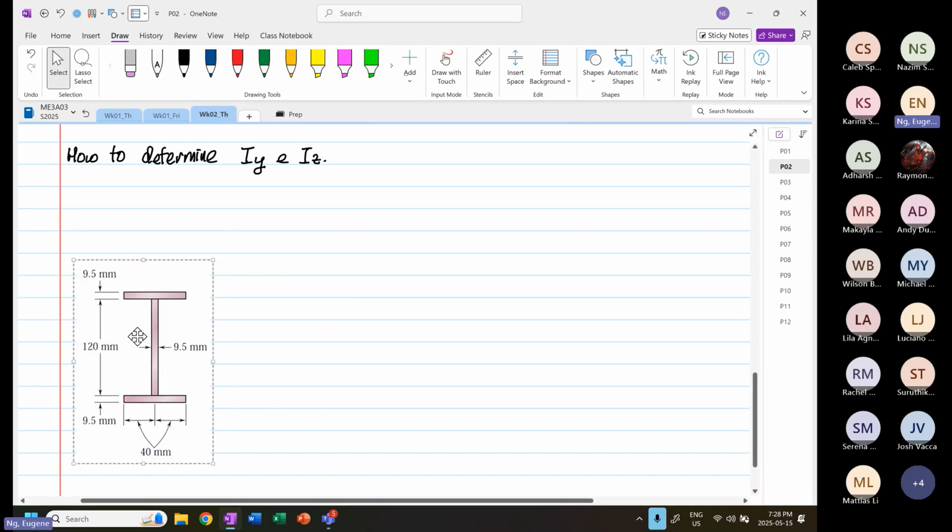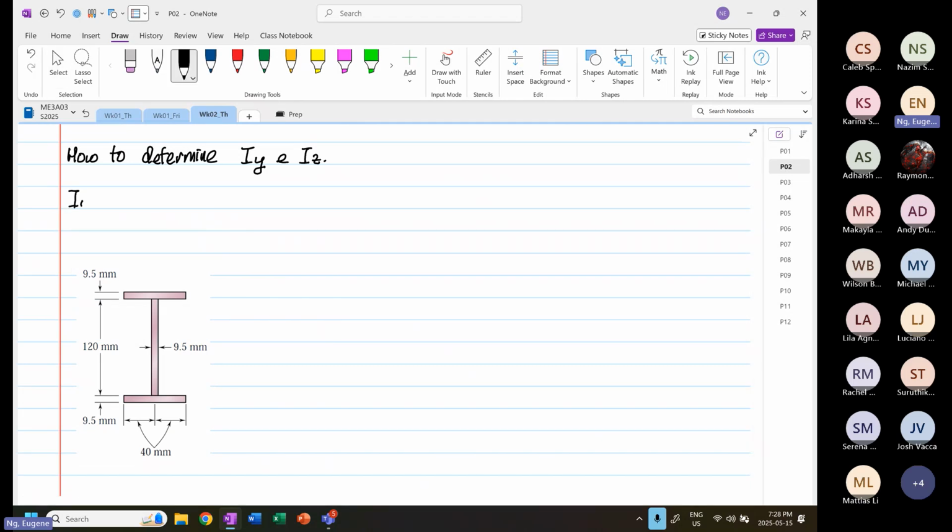The general formula: if we look at IY, this is equal to width multiplied by depth cubed over 12, plus width multiplied by depth multiplied by capital Z bar minus small z bar, and the whole thing squared.